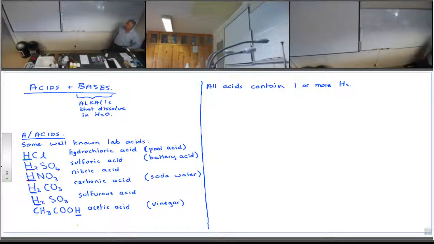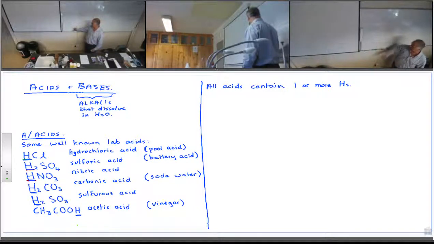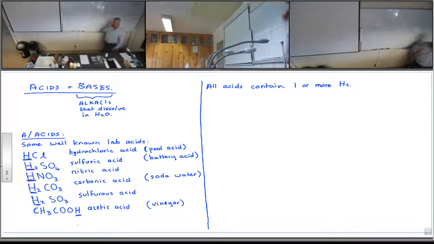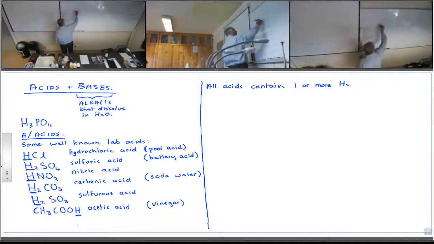Hydrochloric. Two hydrogens? Sulfuric, carbonic, sulfurous. Which contains three? None, but you may want to add this one to the end: H3PO4, which is phosphoric.